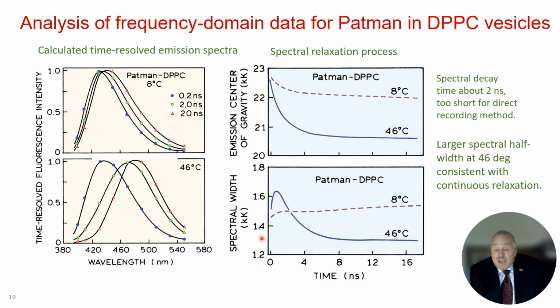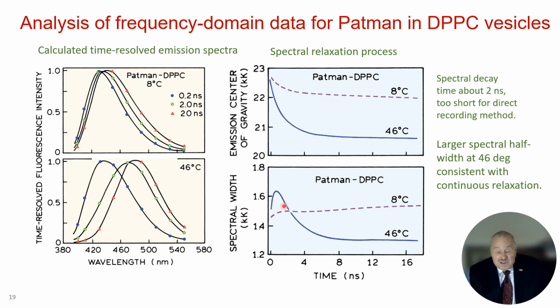In this particular case, the spectral half-widths with time were revealing. At the low temperature, we didn't see anything, but the important observation was at the higher temperature, the half width showed an increase. So we look at these spectra over here. See, there's a half width at 1 or 2 nanoseconds.